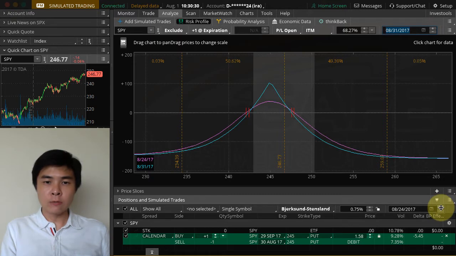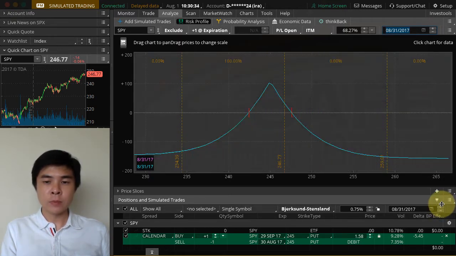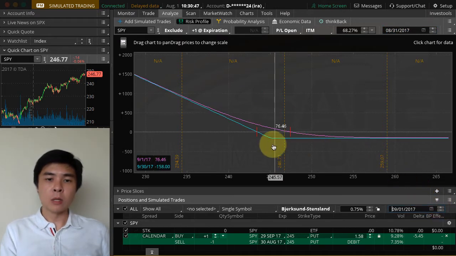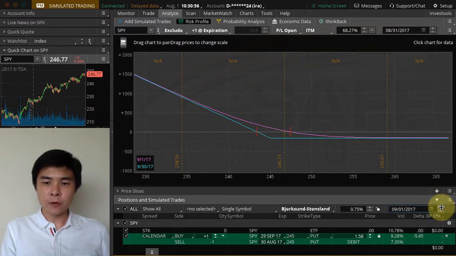So over the course of 30 days, you will morph until this shape, and after which the front expiry date will expire or be assigned or exercised, and you are left with the remaining back date, which is another 30 days down the road.